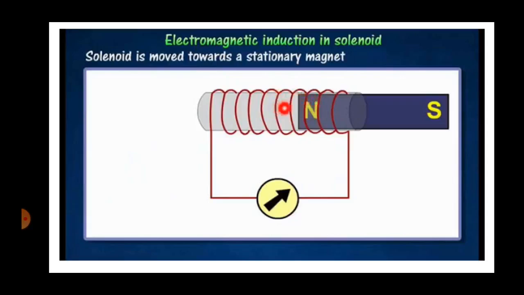So a reverse effect, that is, a changing magnetic field produces current. You know, a changing current produces a magnetic field. So the reverse effect: a changing magnetic field produces the current.